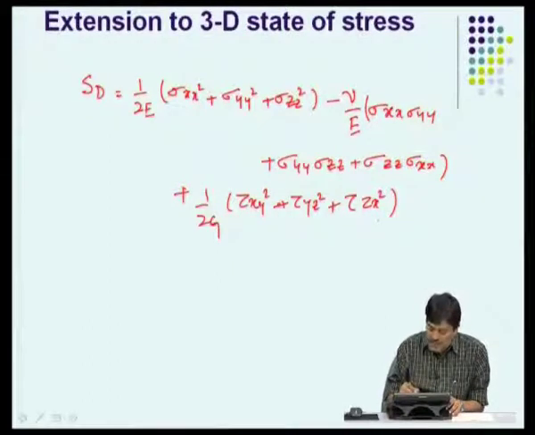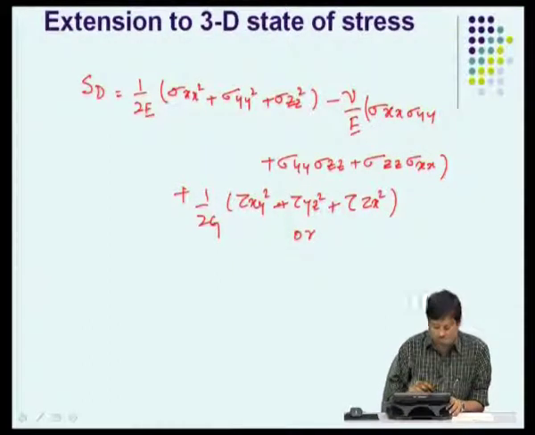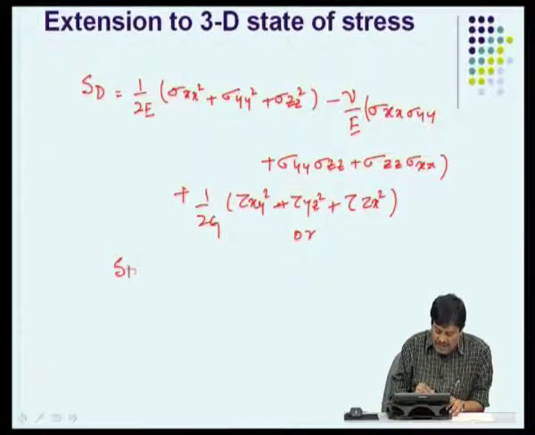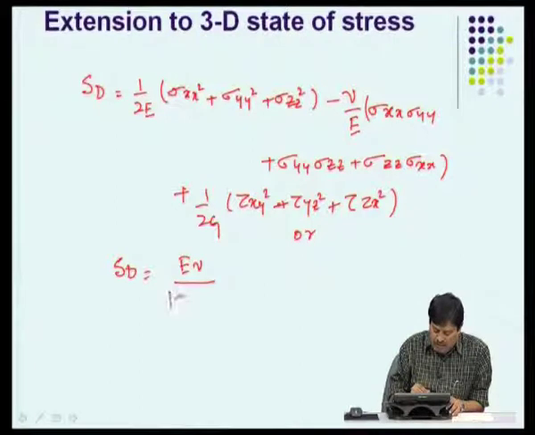You can also express this in terms of strains by using the constitutive model. We can say Sd is equal to E times nu divided by 1 plus nu into 1 minus 2 nu, divided by half.